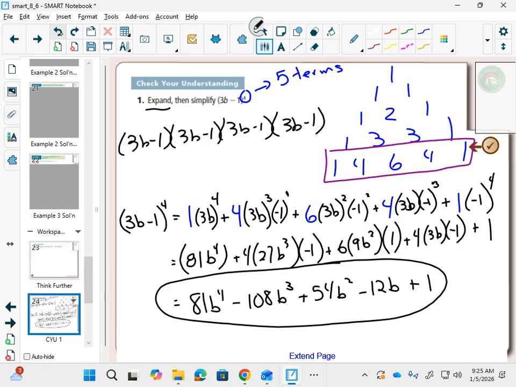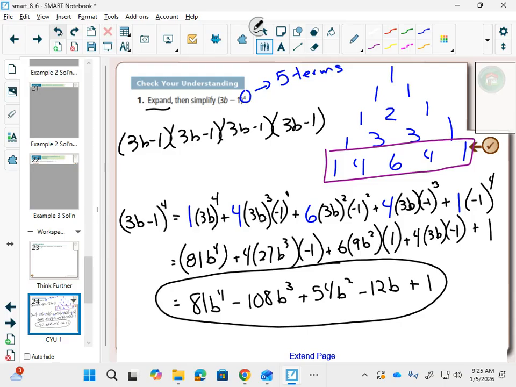You start off by choosing 0 minus 1s. You choose all the 3b's. There's only one way to do that. And then you would have 3b to the exponent 4, because you had those 4 times itself. Then each time your first variable goes down by 1 in exponent, your second variable starts at 0 and then goes up 1, 2, 3, 4 in exponents. Recognizing that pattern is going to be very helpful.